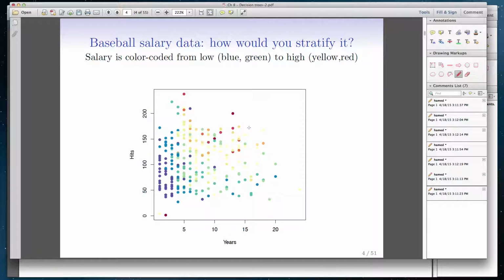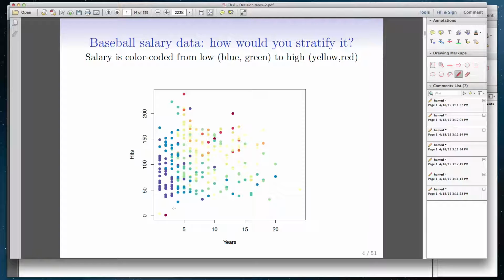The more sexy color you have, red or yellow, that means you're earning more. So green is slightly more than blue, but less than red and yellow. Here we have the information on the years that they played versus the number of hits each player had during the last year. I want to see how that affected salary.